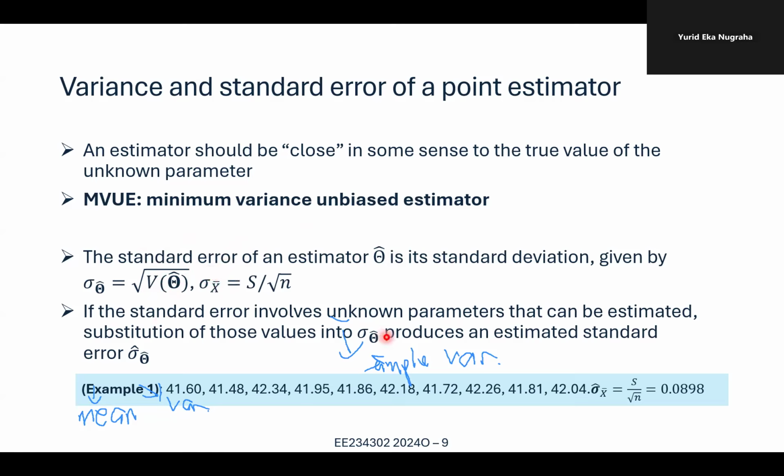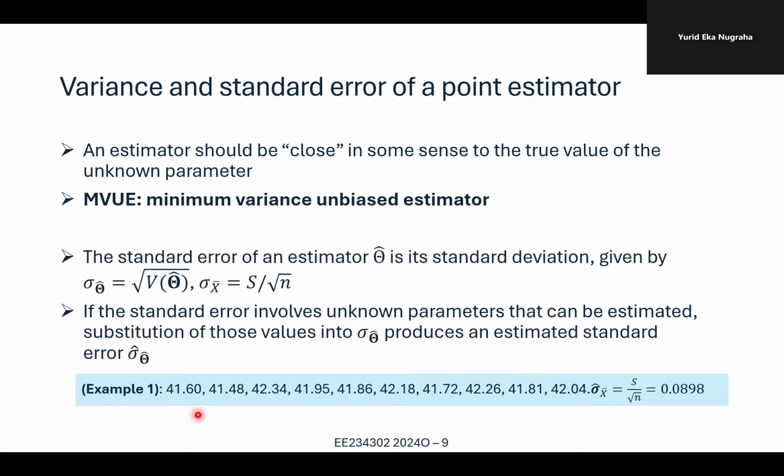If the standard error involves an unknown parameter that can be estimated, then sigma can be replaced by the estimated standard error sigma hat of theta hat, right? So if you want to estimate the error of the mean, then just replace sigma with sigma hat and so on.